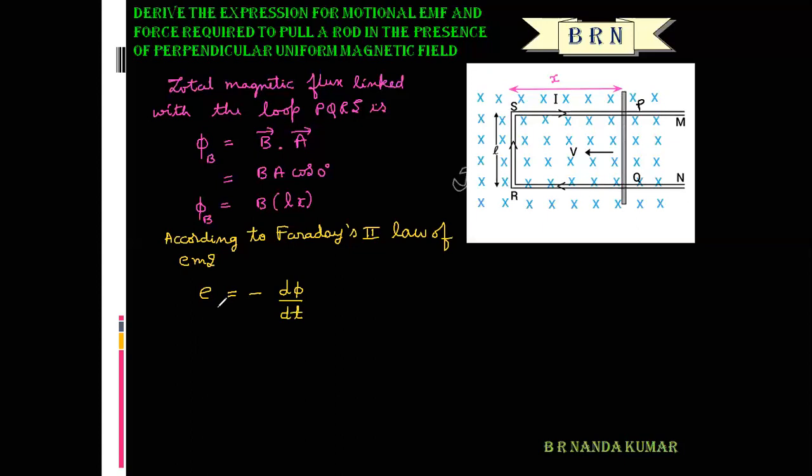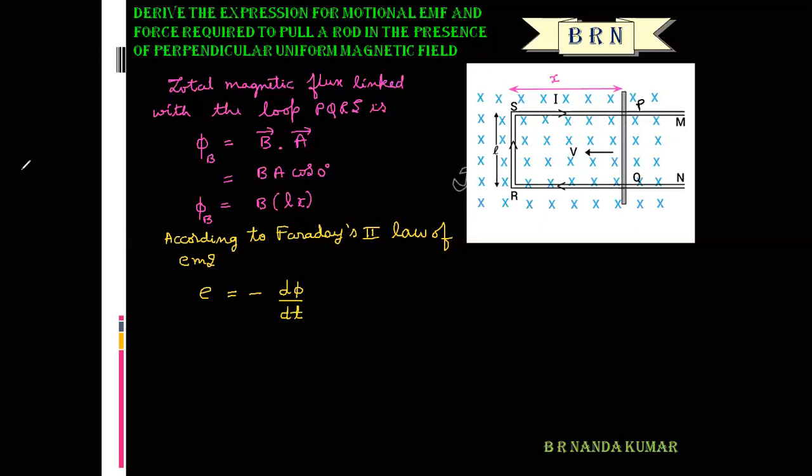But here let us take the magnitude. The negative sign indicates that the direction of induced EMF opposes the change of magnetic flux. So what is the significance of the negative sign? It indicates the direction of induced EMF opposes the change of magnetic flux.